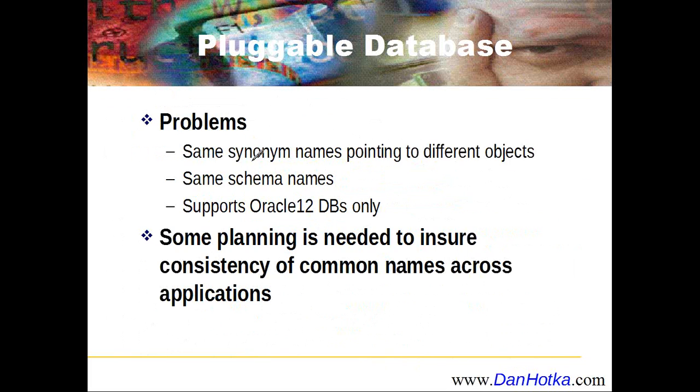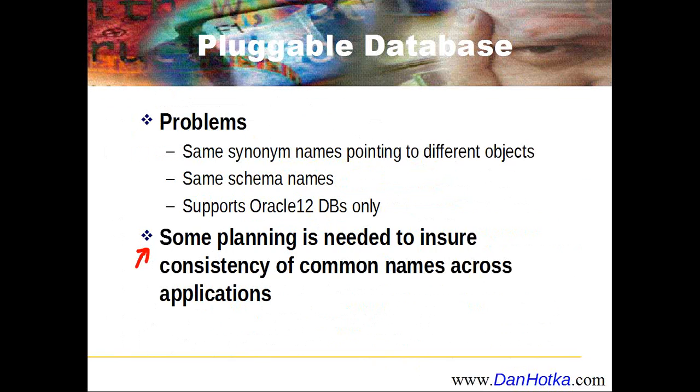Some of the problems are the synonyms. You want to pay attention to the second point here. You really do want to do some planning when going to these pluggable environments, and I would encourage you to check into these and see about moving to these, especially if you're in a shop that has large numbers of databases with common things like RAC environment, common backup schemes like standby database and Data Guard and some of those options.